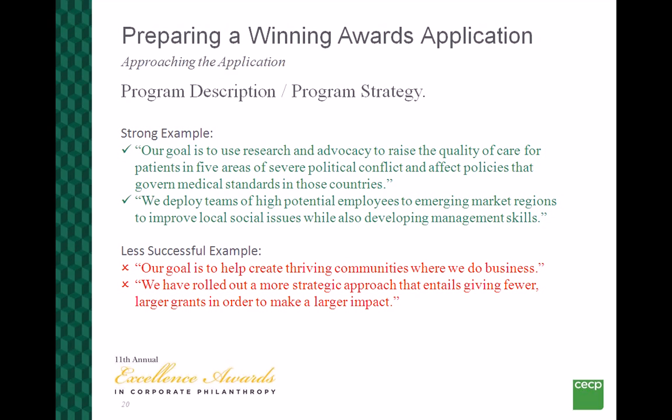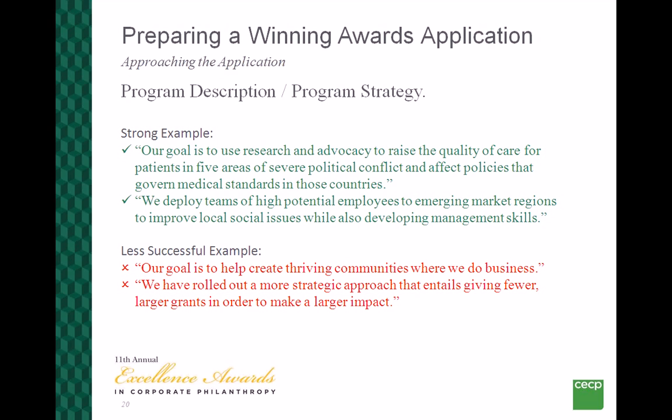So now I want to get into the meat of the applications themselves. In the beginning of each application, whether it's the Director's Award application or the corporate application, we're going to ask you to describe your program and the program strategy. And what I've got here are some examples that we would consider on the stronger side and then less successful examples. So when you're able to describe your program or your program strategy in very clear language that helps people understand what your focus area is, what population you're trying to reach, and what your overall goals are, that's very helpful.